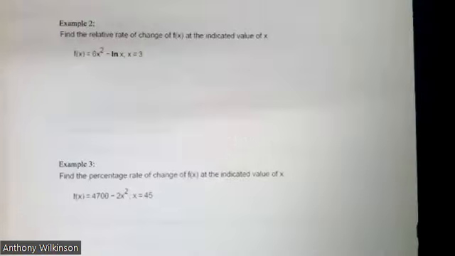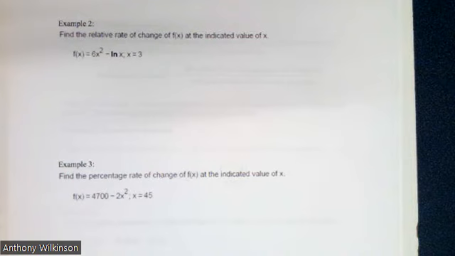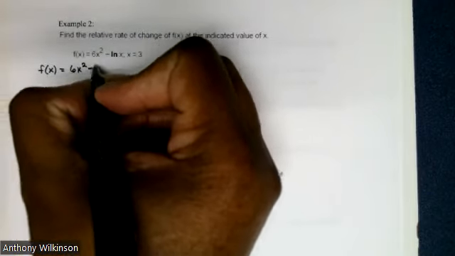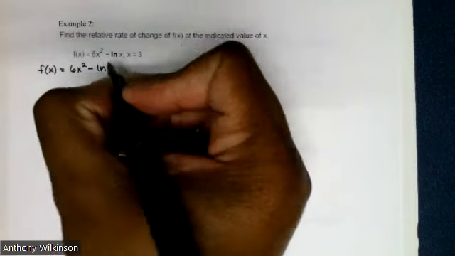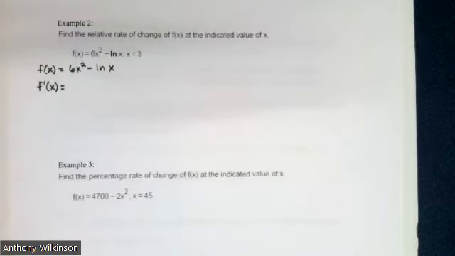Okay. Here's the second example. Here we're going to find the relative rate of change of the function f of x at the indicated value of x. So here we've got f of x equal to 6x squared minus ln of x, and here x is going to be equal to 3. Let me rewrite the function f of x as 6x squared minus ln of x, and then find its derivative, f prime of x.